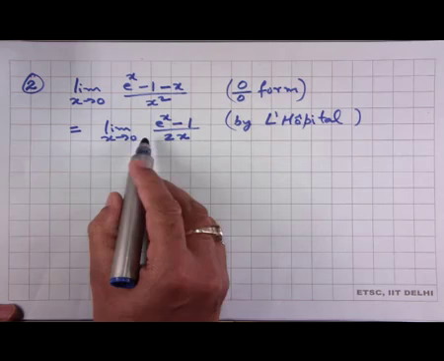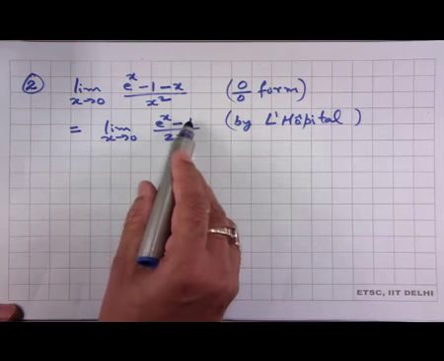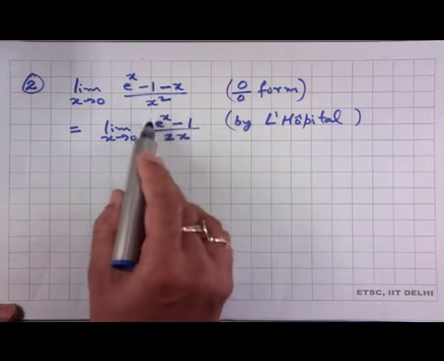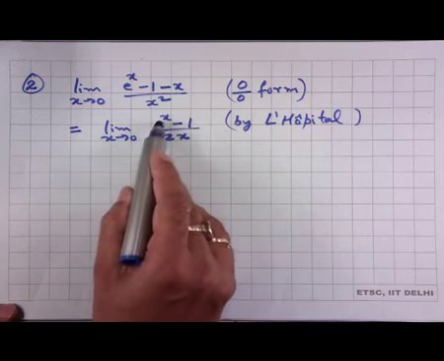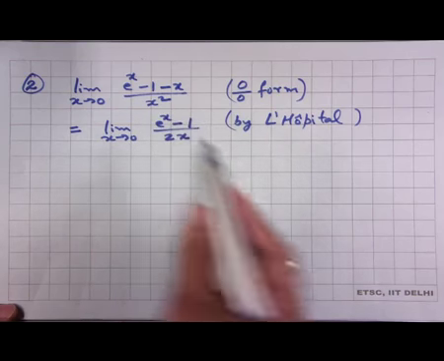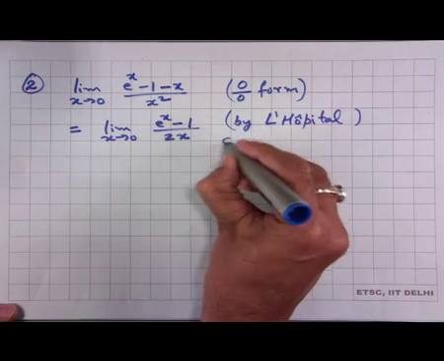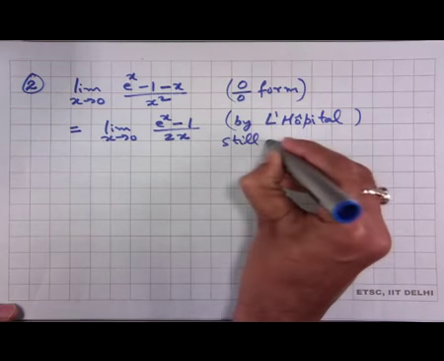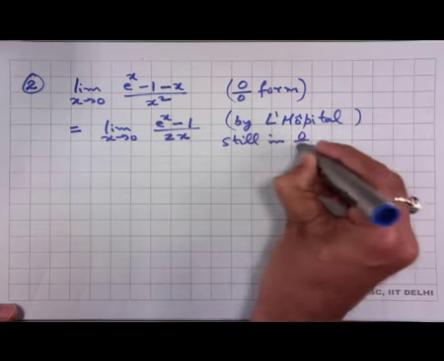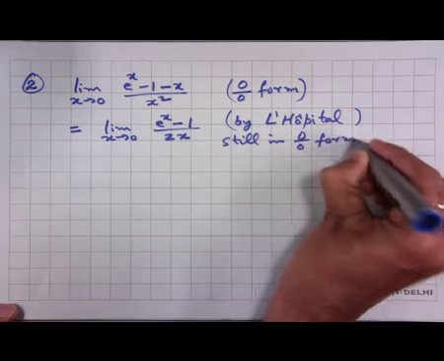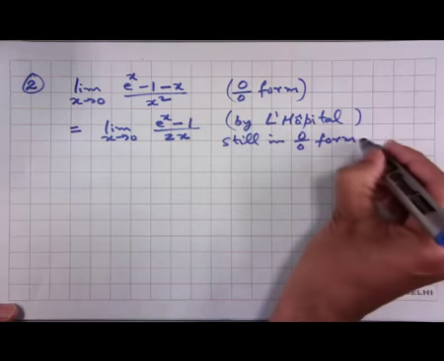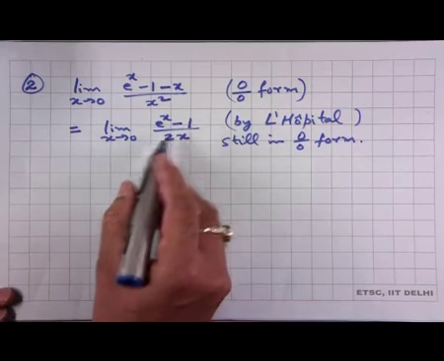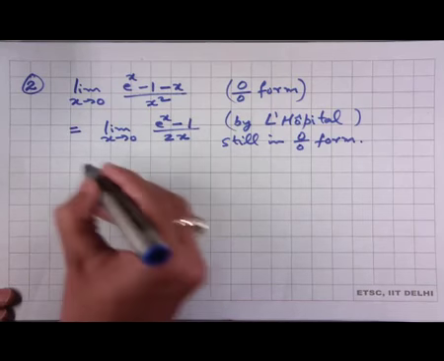Now, if we see this limit, e to the x minus 1 as x approaches 0 is e to the 0 minus 1, which is 0. So, this is still in 0/0 form. So, we can try applying L'Hopital rule again.